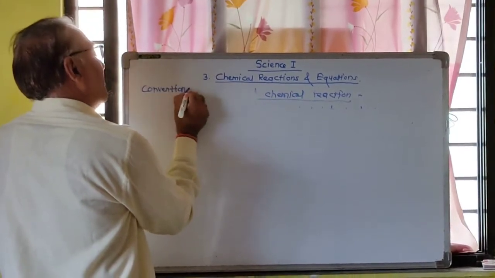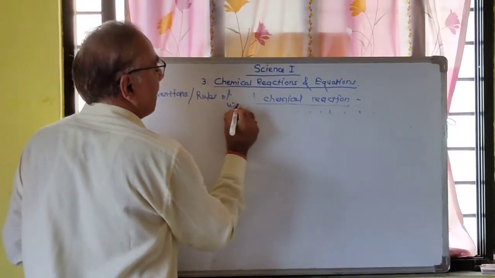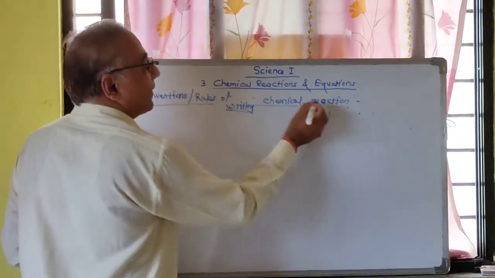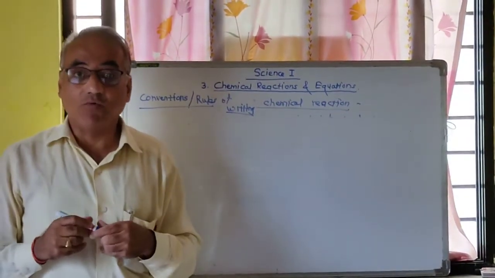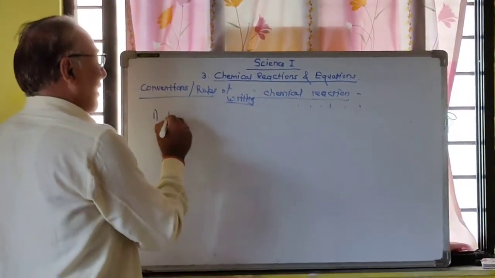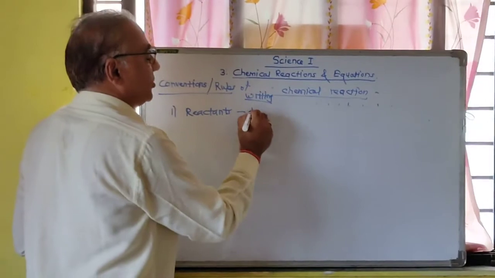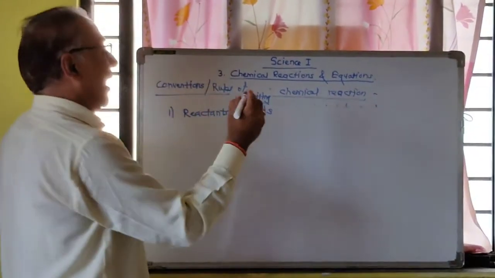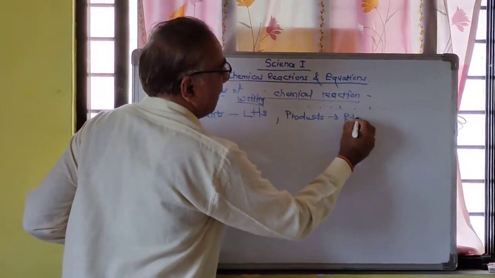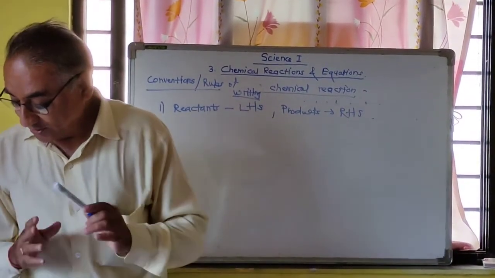Convention, or you may call it the rules of writing chemical reaction. Now see what those rules are. The first rule is that reactants are always written on the left hand side and the products are written on the right hand side of the equation.